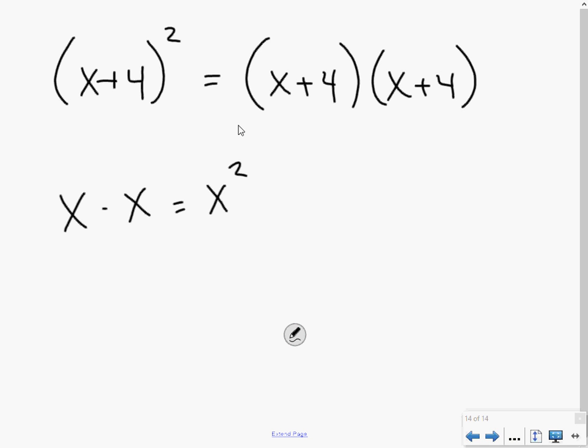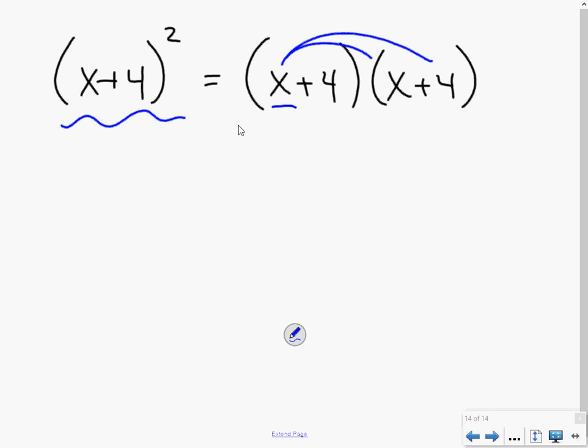So if I have x plus 4 times itself, that is x plus 4 squared. Now, what we need to do is we need to expand the x plus 4 squared, which was this part, into the x plus 4 times x plus 4, because now, with what we know about multiplying binomials, we can multiply these together.